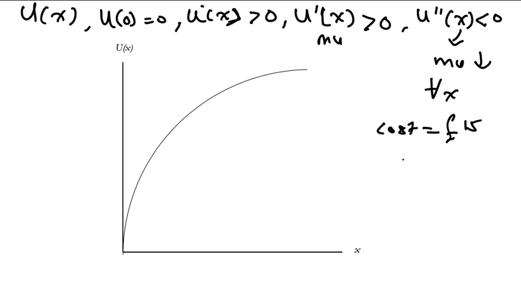So from here, he keeps 15 quid. The utility of having 15 quid is the utility of 15, and in the graph we can call it point A.